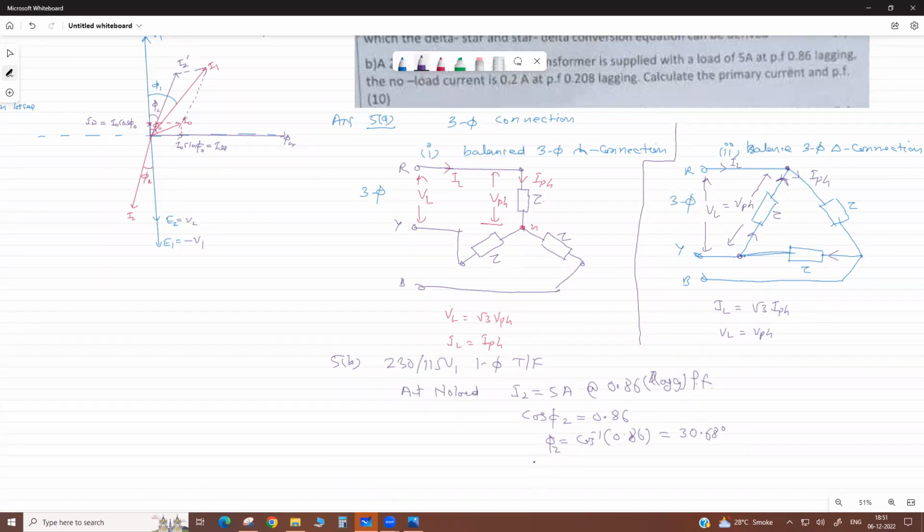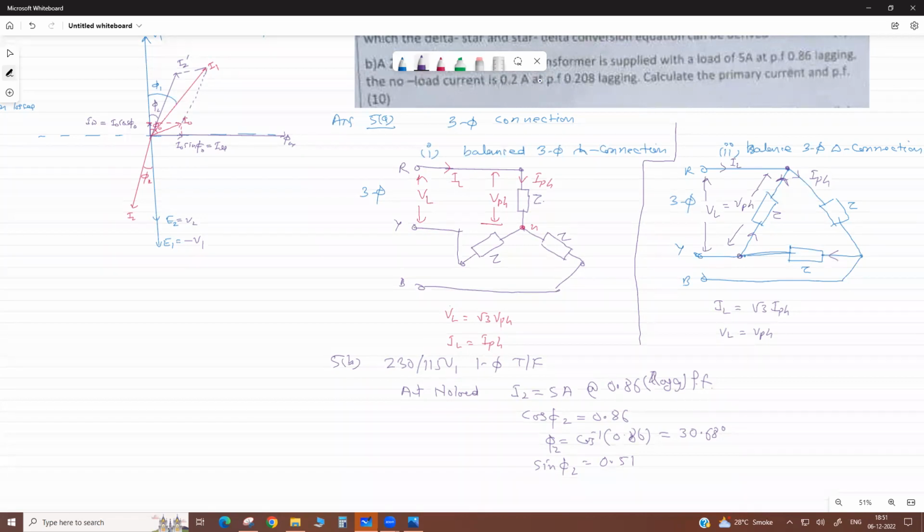Now we can calculate sin phi 2, the sine of this angle. The sine answer we get is 0.51.